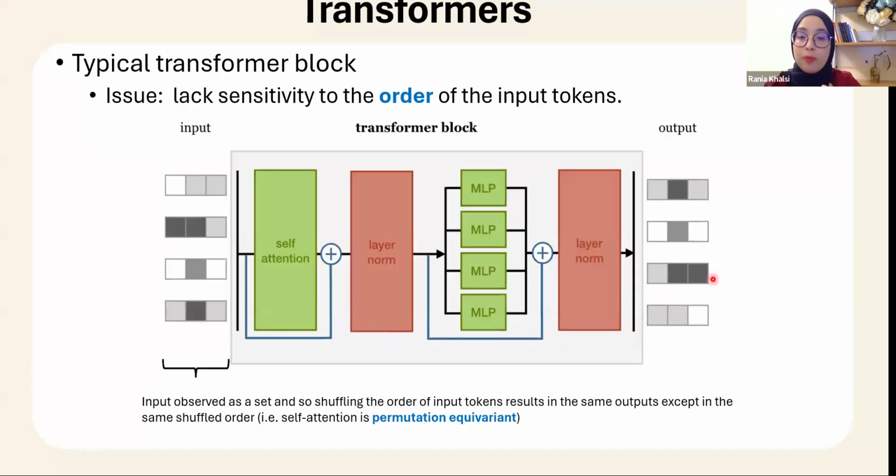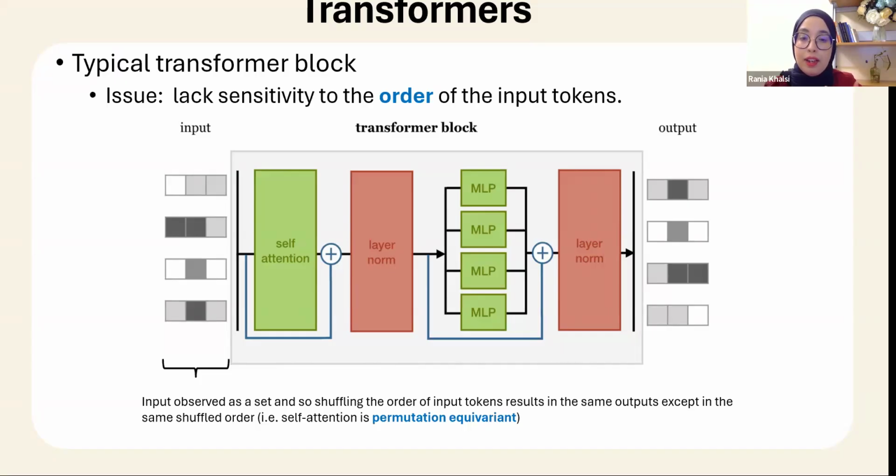The model, if it receives the input in incorrect order, will still process it consistently, meaning that the output order will still reflect the same incorrect order of the input. So the problem related to this consistency is not solved.